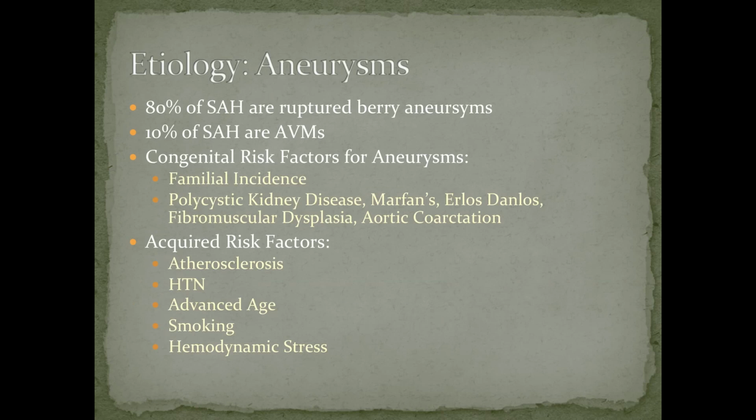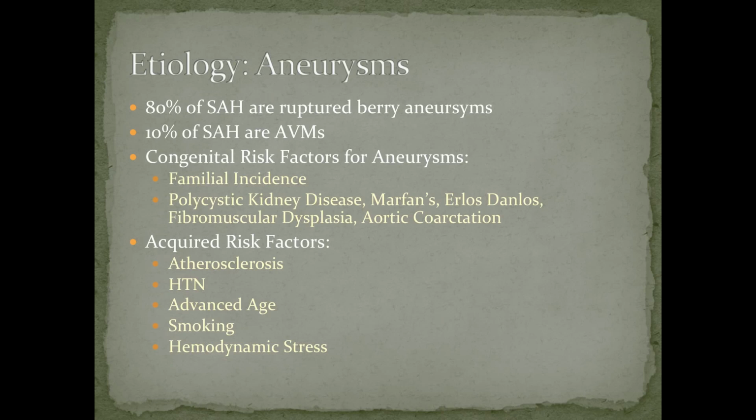Now, congenital risk factors for aneurysms. In your family history, certainly if your family has these, there's a genetic component to it. And then basically polycystic kidney disease and other diseases of the connective tissue. I think if you have a patient who comes in with an acute onset severe headache, and they say, yeah, I've got Marfan's, I've got Ehlers-Danlos, polycystic kidney disease, that's what they're looking for in a board exam or clinical performance-based examination.